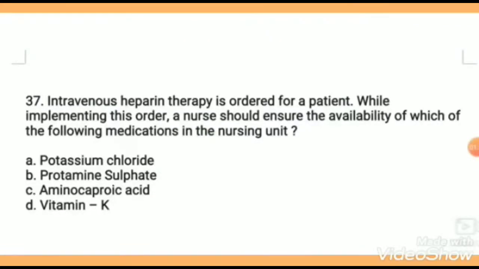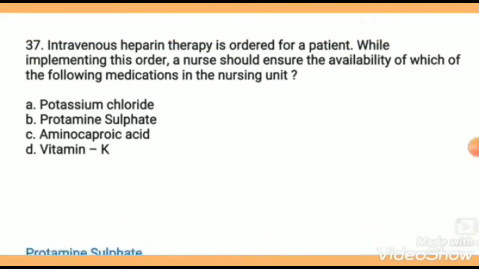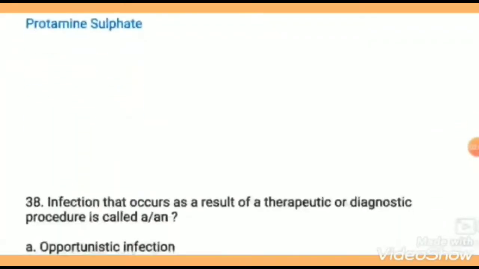So, the correct answer: protamine sulfate. Protamine sulfate is a medication used to reverse the effects of heparin or heparin overdose. It is given by injection into a vein. Next question.